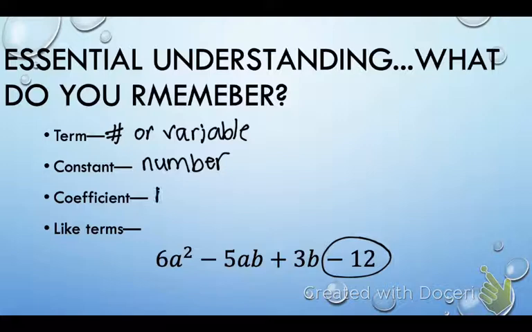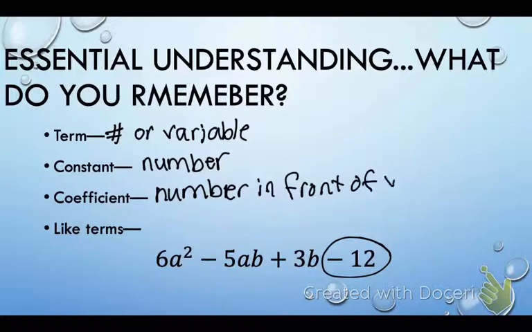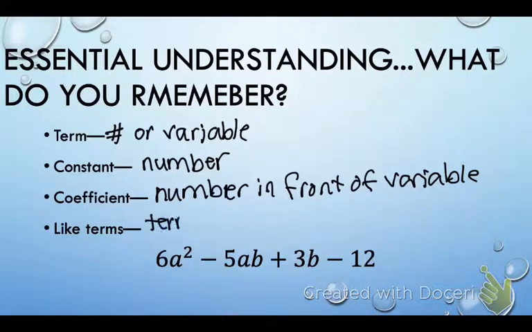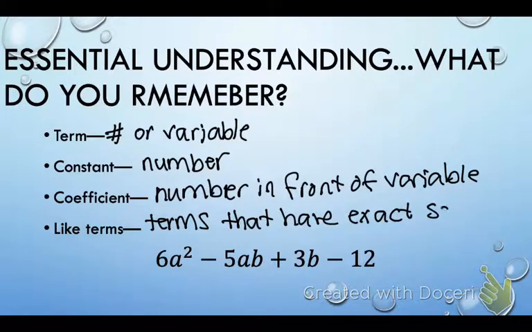Coefficient is a number in front of a variable. So like 6 is a coefficient, -5 is a coefficient, 3 is a coefficient. And then like terms are terms that have the exact same variable.